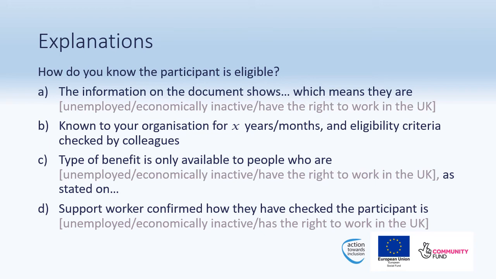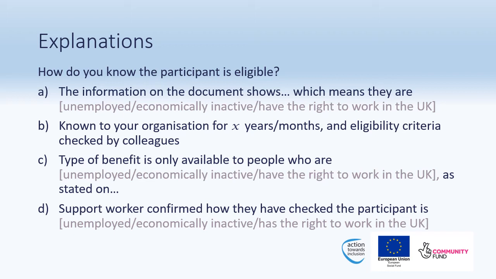It could be that the participant has been known to your organisation for a number of years and that another colleague has checked their eligibility criteria, and whilst there might be no evidence of that now, that is how you are satisfied. It could be that the type of benefit you know is only available to people who meet the specific eligibility criteria, whether that's being unemployed, being economically inactive, or having the right to work in the UK.